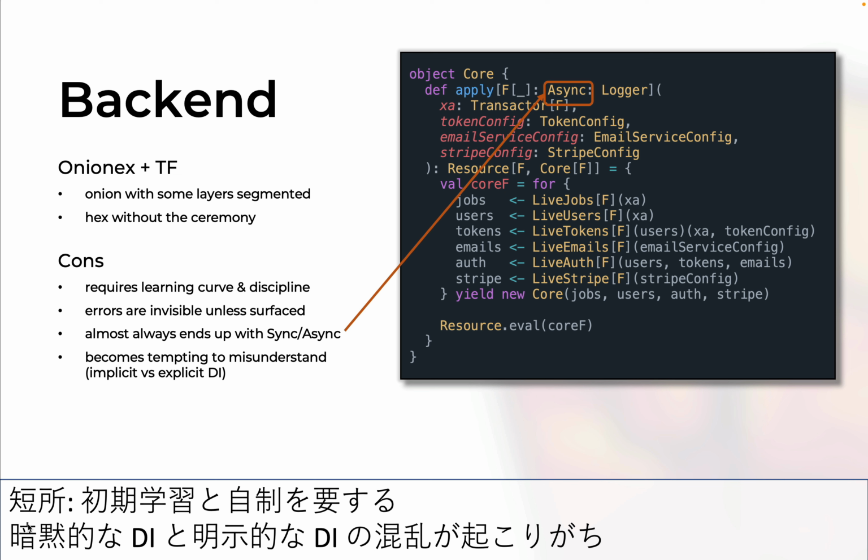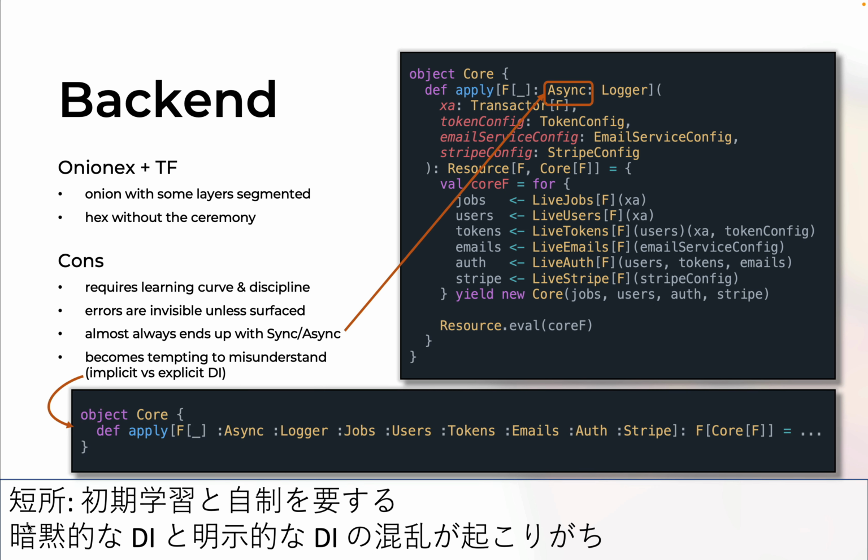So as you have Cats Effect type class instances passed implicitly, it becomes very tempting to have all your core modules passed implicitly. This is an anti-pattern, and unfortunately, it becomes very tempting to use. So don't do that. Only pass implicit type class instances for capabilities, not for the modules that you otherwise depend upon. The dependencies need to be passed explicitly instead. So these are some considerations about the backend.